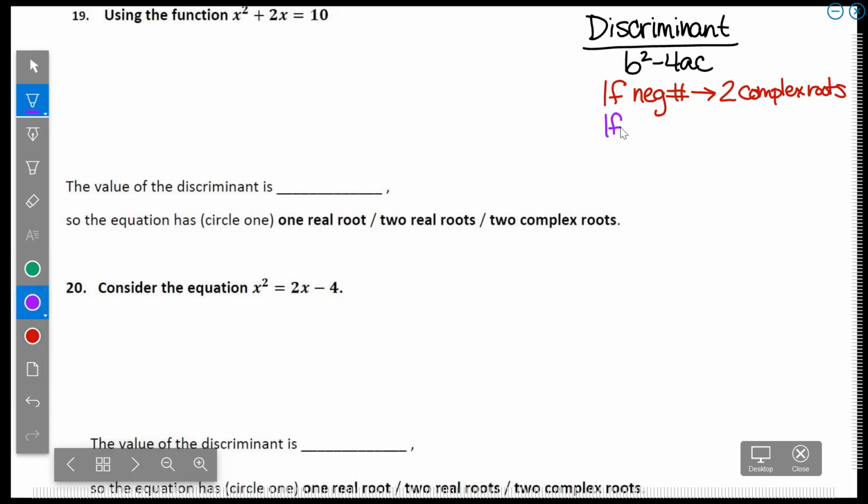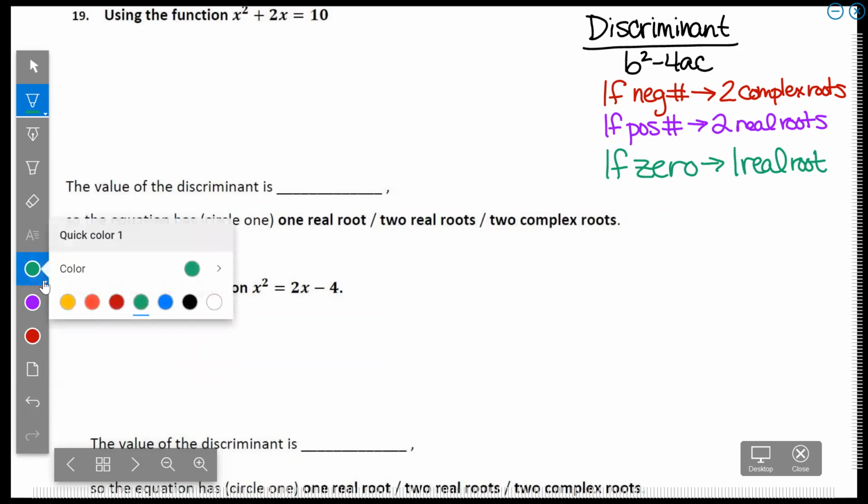If I sub into the discriminant and I get a positive number back, then there are two real roots. The only other possibility is that when I substitute in, I get a 0. That means 1 real root. So it's either going to come out to give me a positive number, a negative number, or 0.